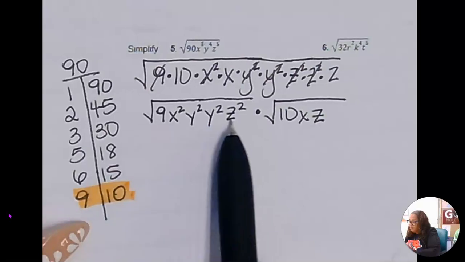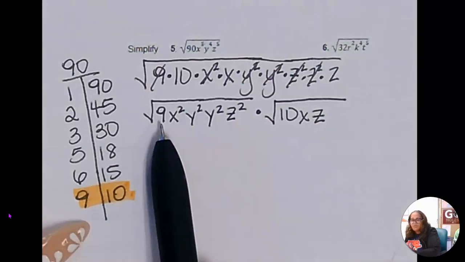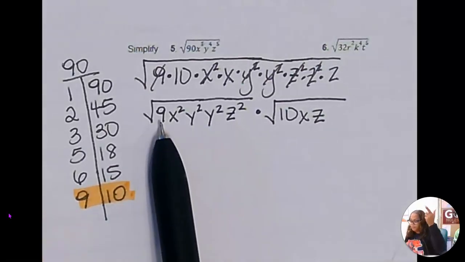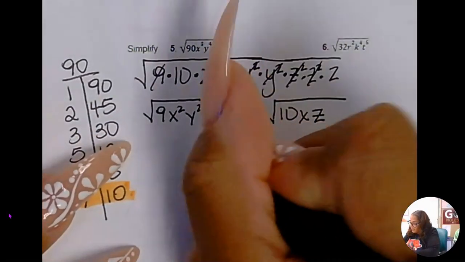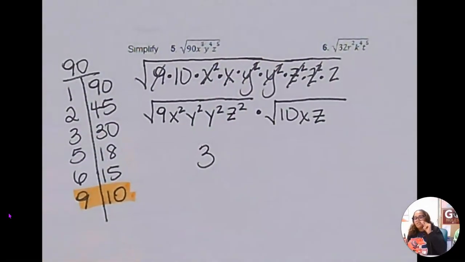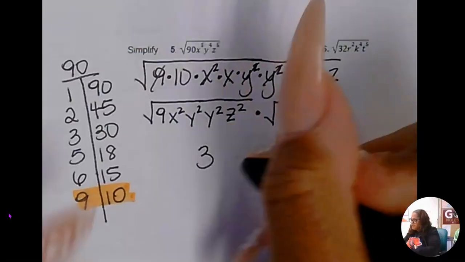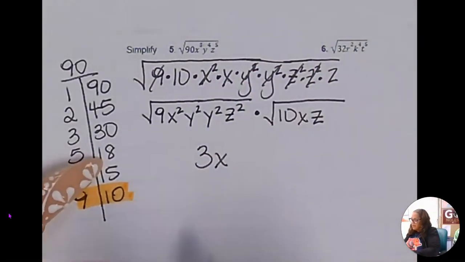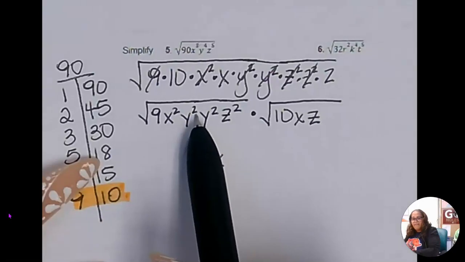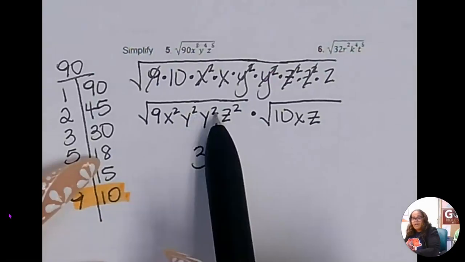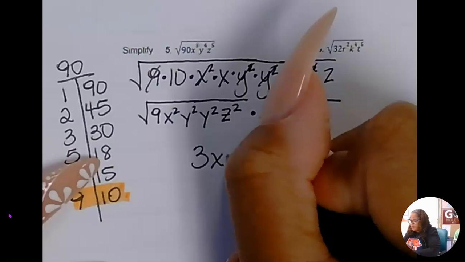Now I can square root these guys. What is the square root of 9? It's at the top of the paper. 3. Trick question. What is the square root of x squared? I'm cutting this square in half and I'm left with what? X. I'm left with x. I'm cutting this square in half and I'm left with what? And another y. I've got to put those together.